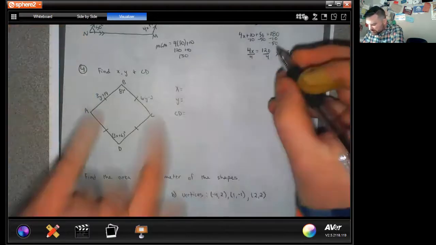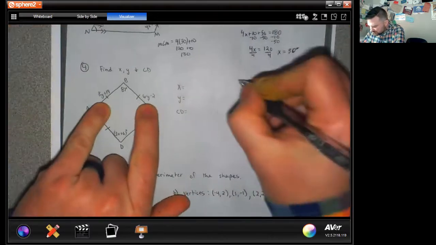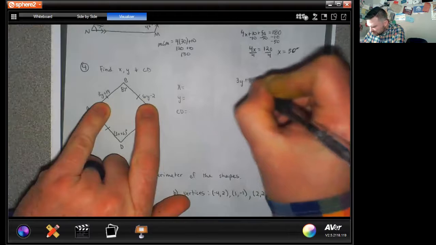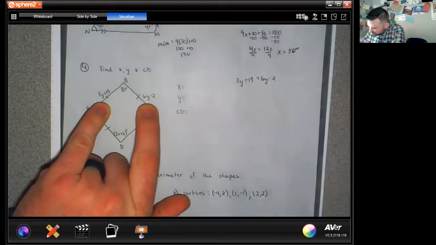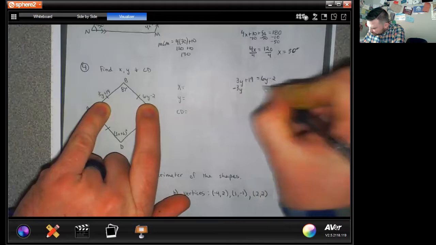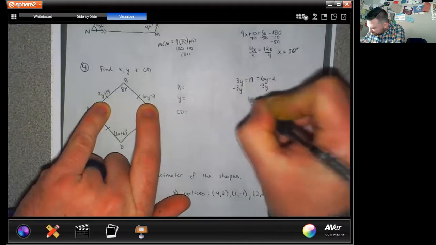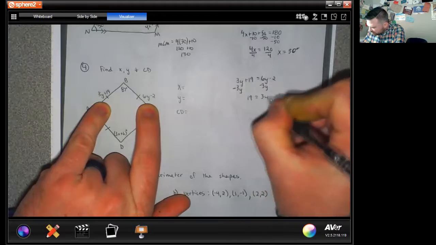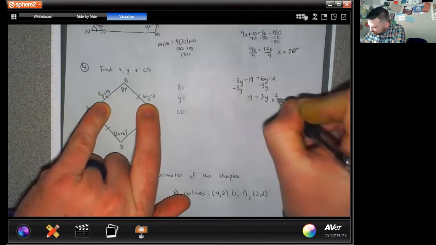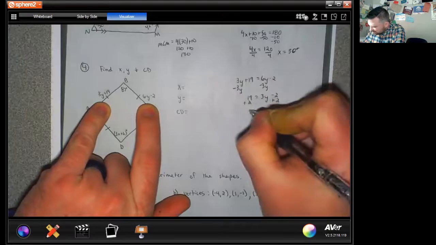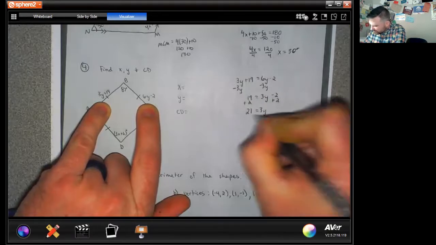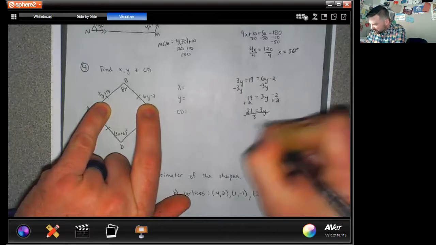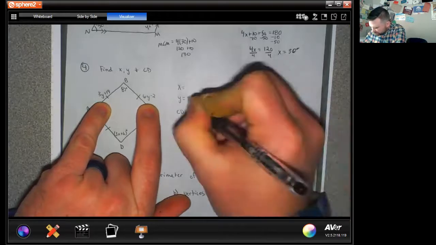So here I'm going to set these two sides equal to each other. 3y plus 19 equals 6y minus 2. So we'll subtract 3y. 19 equals 3y minus 2. Add 2. 19 plus 2 is 21 equals 3y. Divide everything by 3, you get y equals 7.